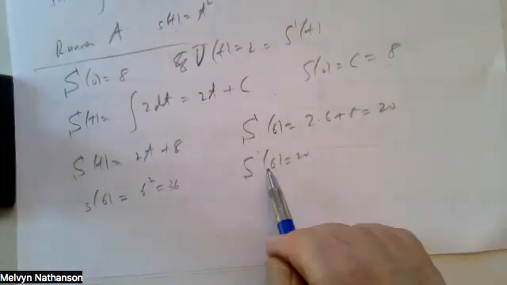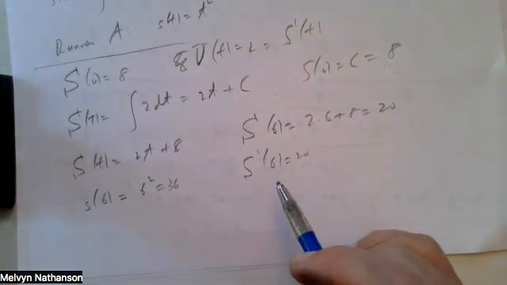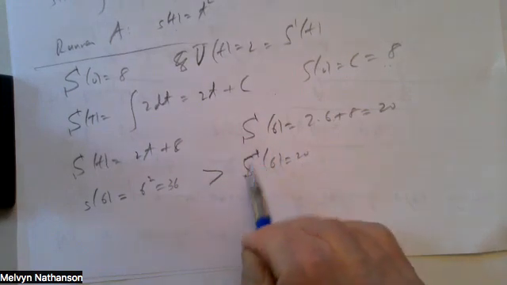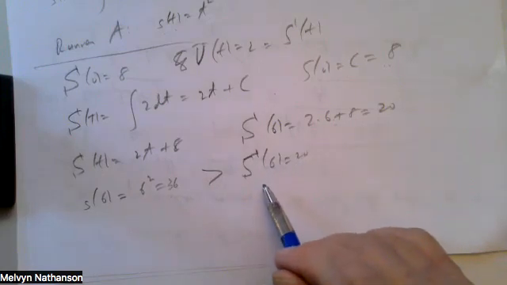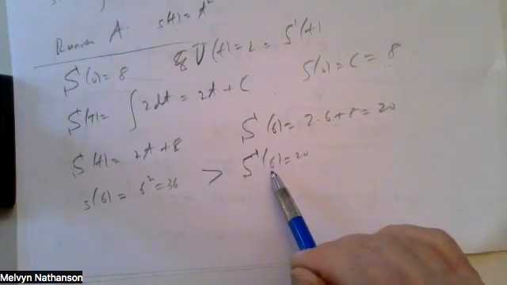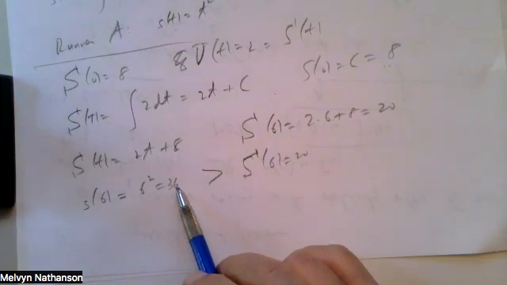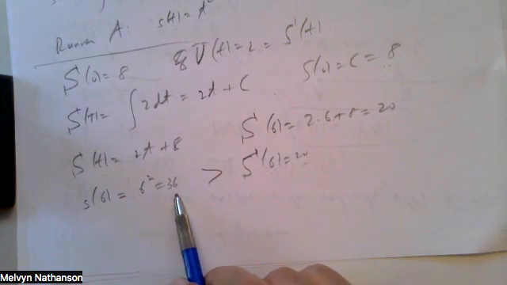So even though the second runner starts 8 units ahead of the first runner, after 6 seconds have elapsed, runner A is at position 36. Runner B is only at position 20. So A is way ahead of B. That's the answer.